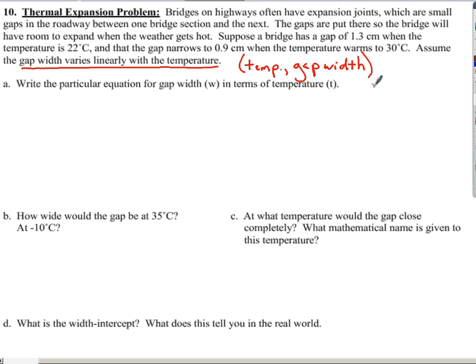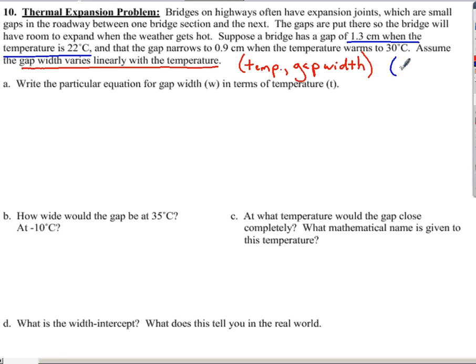So if we know that's our setup for our ordered pairs, let's take the key values they give us here. The first part says it has a gap of 1.3 centimeters when the temperature is 22 degrees Celsius.